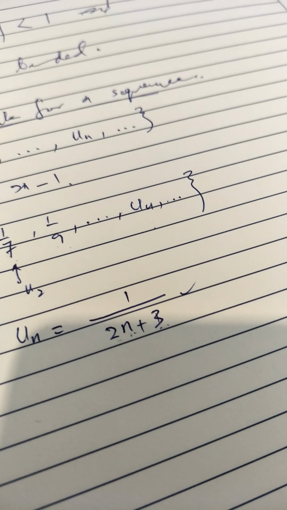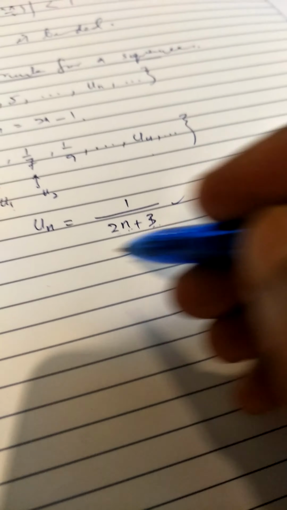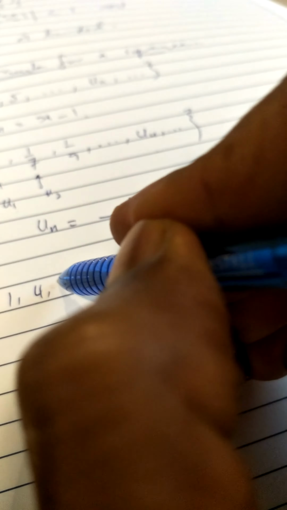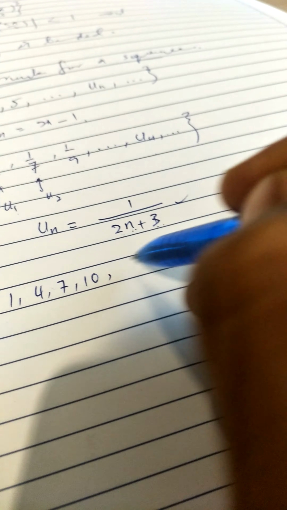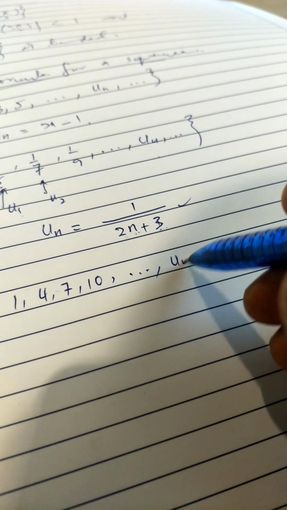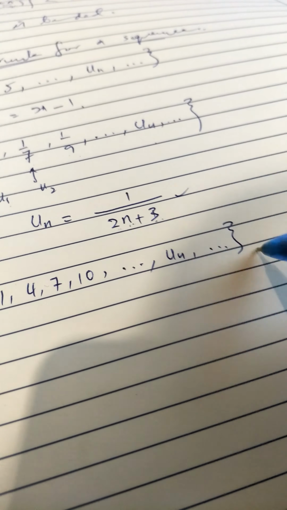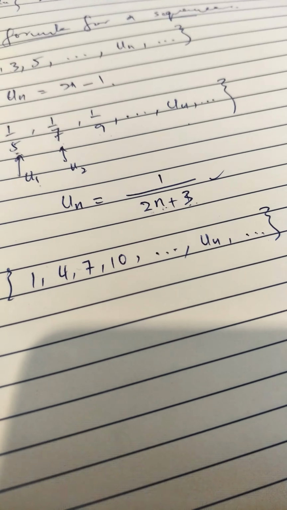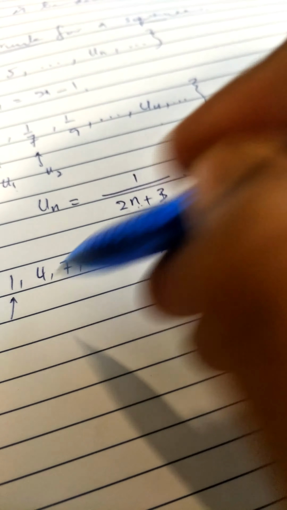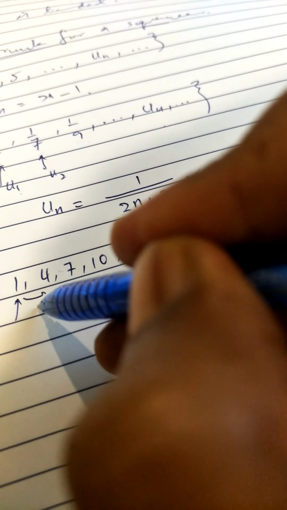Okay, another example. If you have this sequence 4, 7, 10, and so on, un. This is the first term. The difference is 3.